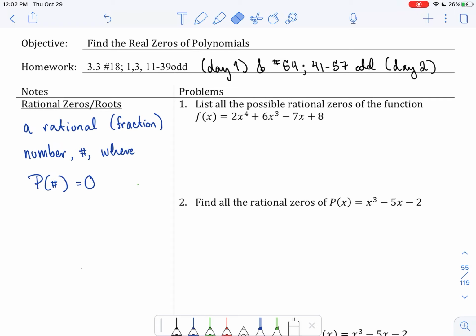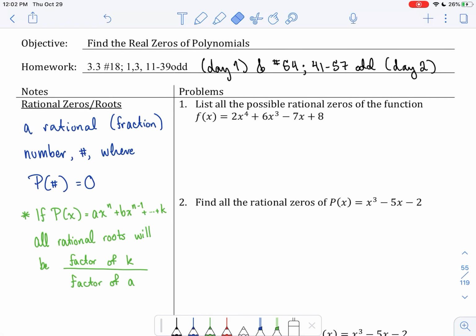Now, for rational numbers, the nice thing is that there's only so many options. If the polynomial is equal to ax to the n plus bx to whatever power, and so on, plus k for the constant term, all rational roots are going to be a factor of the last number, the lowest degree term, over a factor of the highest.